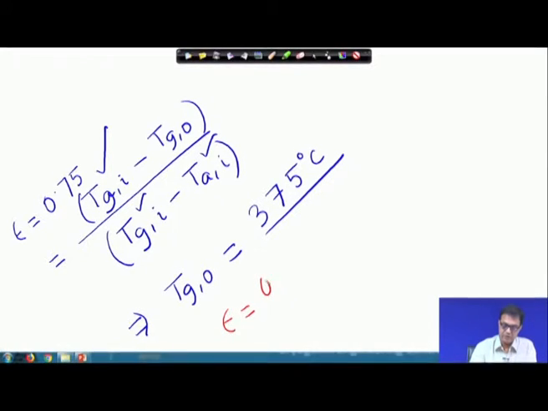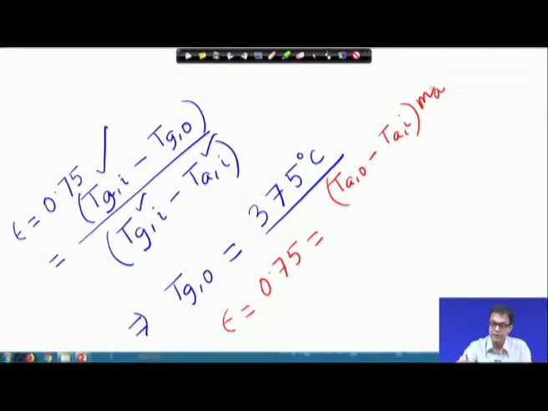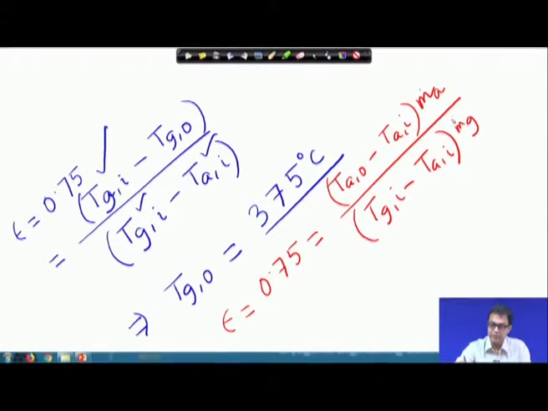Similarly, for the air exit temperature, epsilon equals 0.75, which equals T air out minus T air in, multiplied by the mass flow rate of the air, divided by T g i minus T a i, the maximum difference in temperature, multiplied by the minimum capacity fluid, and we have assumed the Cp of the air and the gas are the same.